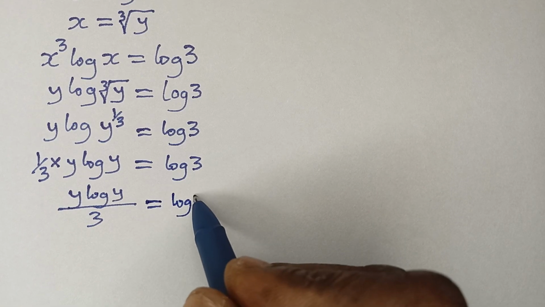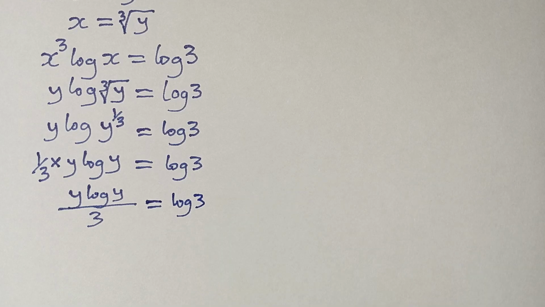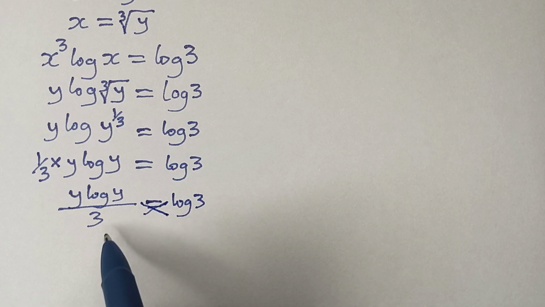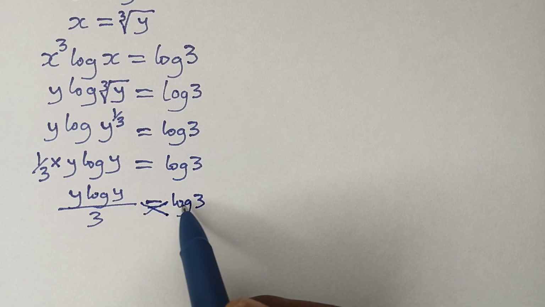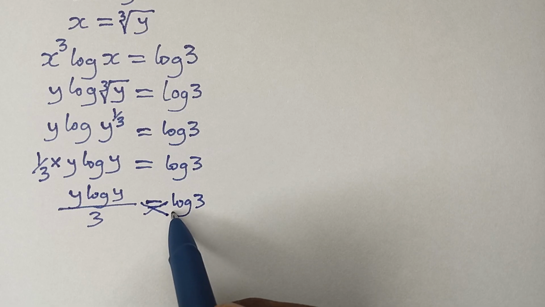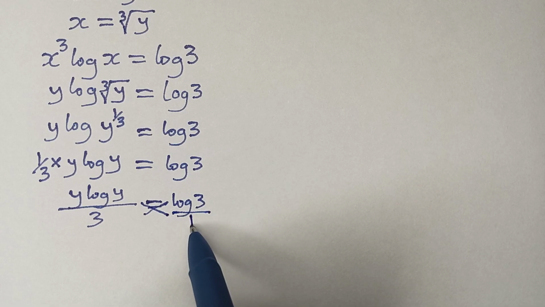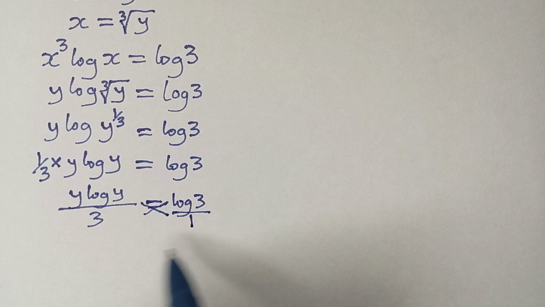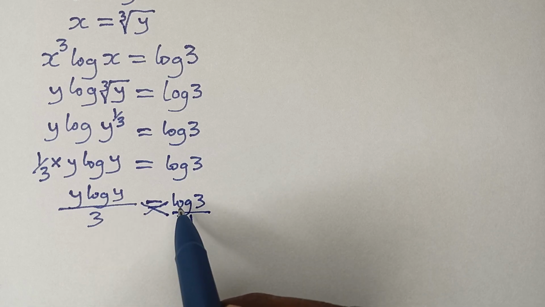And that is equal to log 3. Now, for us to simplify this, we can cross multiply. That means this 3 can multiply log 3, and then y log y can multiply 1 under it. This is like log 3 over 1. So y log y can multiply 1 down here, and then 3 can multiply log 3.